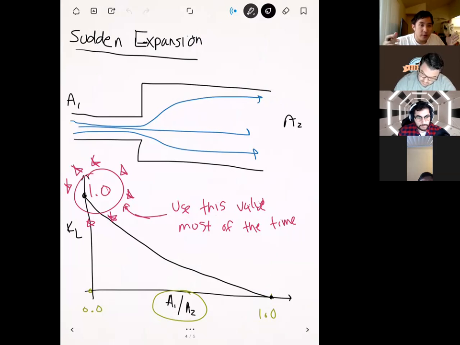So if you have a contraction and expansion rapidly at the same time, or right next to each other, you're going to incur much more head losses from the expansion than the contraction. So going from a small area to a larger area is a little bit harder for fluids to do. That's why you incur more energy losses from that. Does that make a bit more sense?